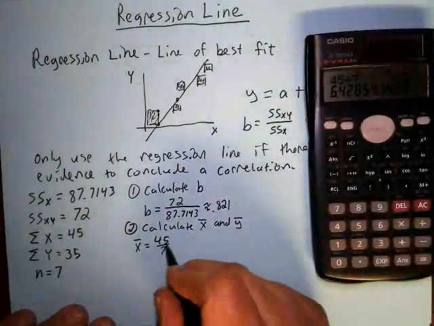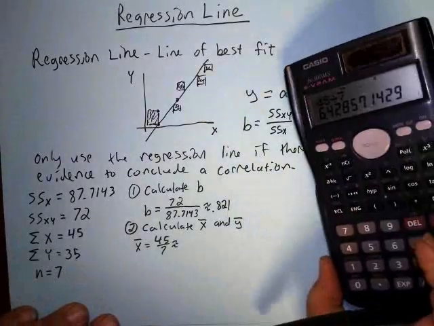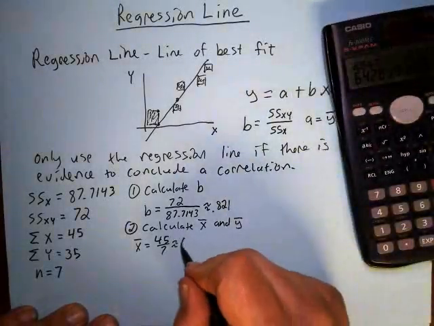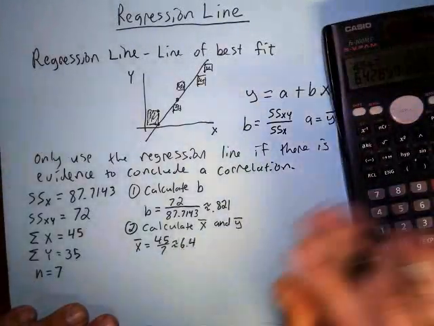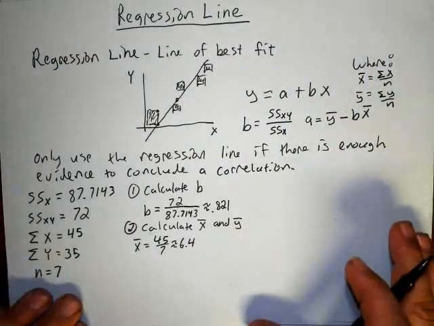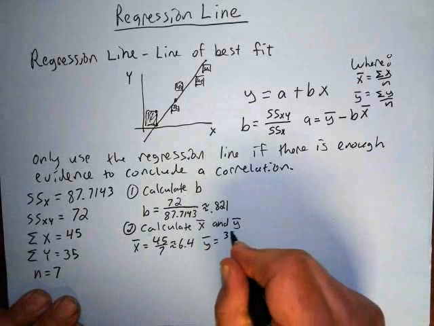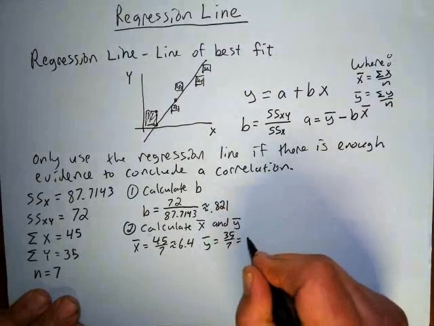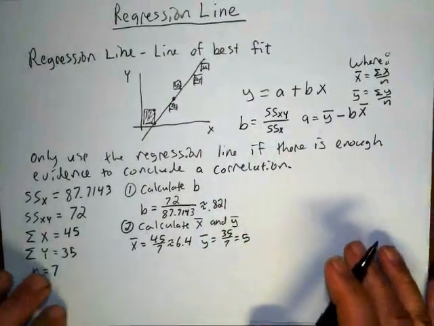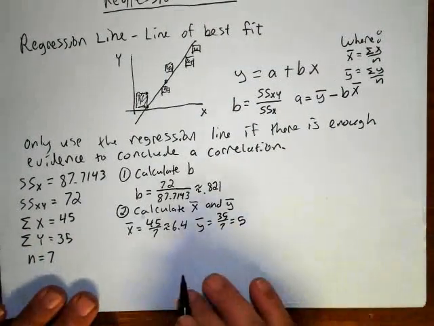I'm just going to round to 1 decimal place, like we normally round the mean. Y bar is just 35 over 7, and that's just going to be 5. So that's my X bar and my Y bar.